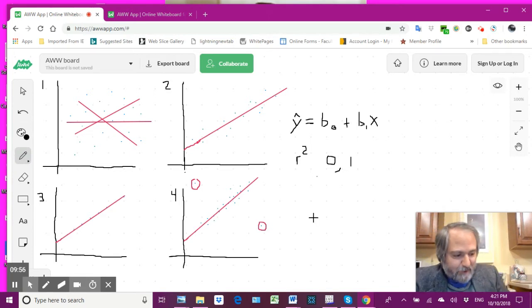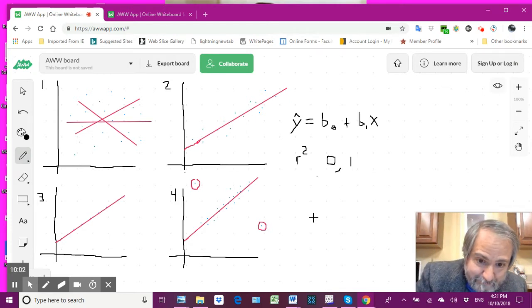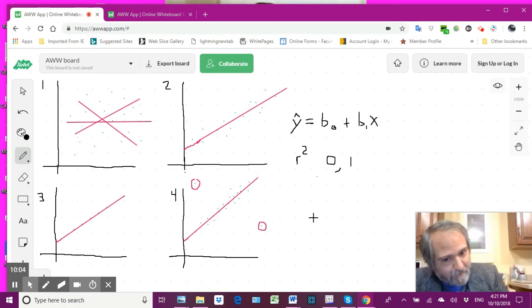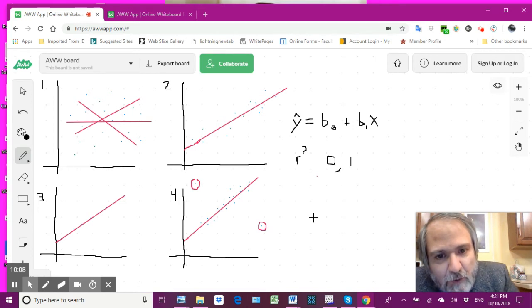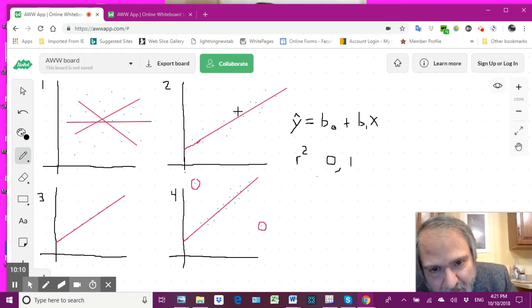If someone reports to you an R² of 1, eyebrows go up. Very, very rarely, if ever, do you get data points exactly on the line. You'll get something like this, or like this. Now, this R square might be something on the order of, say, 0.75.